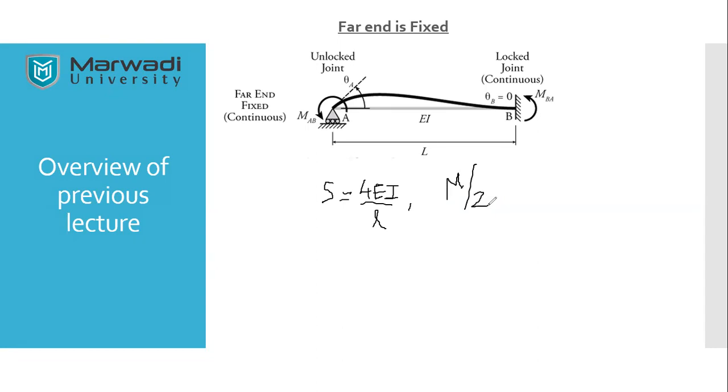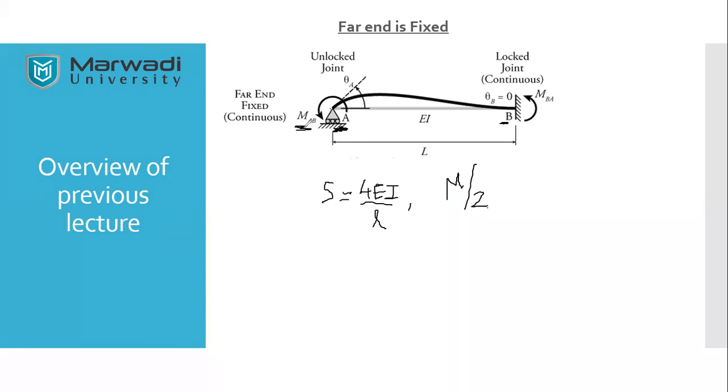The carryover moment. If you are still confused about near end, far end, carryover moment or stiffness, I would like to repeat. See, this is my near end. A is my near end as I am applying moment at point A. So the carryover moment is nothing but the moment that is getting transferred to the opposite end when I am applying moment at A. Here, my opposite end is end B. So my carryover moment here will be half of this.